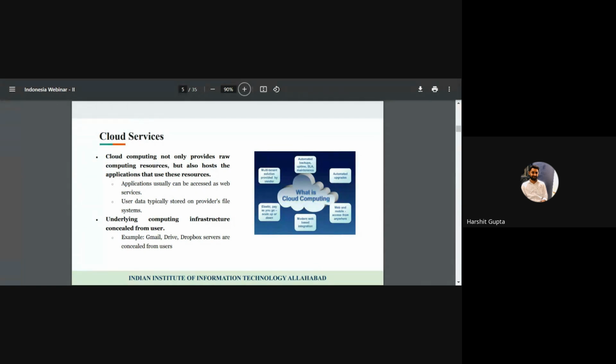Now, as we were talking about the computing services and the storage services, the cloud services are not limited to these things. Instead, they also provide us a way where we can host our applications for public use.